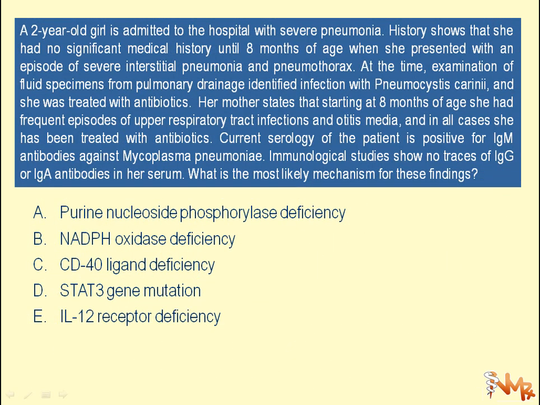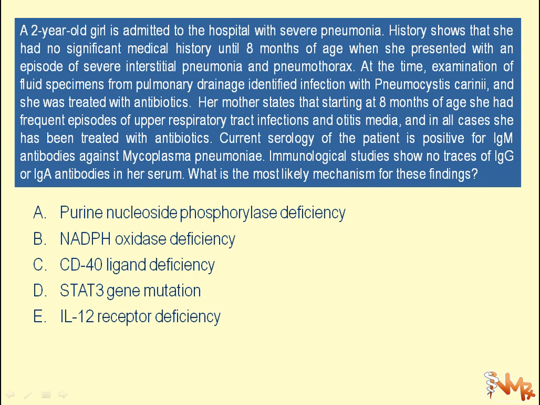Let's look at this case scenario. A 2-year-old girl is admitted to hospital with severe pneumonia. History shows that she had no significant medical history until 8 months of age, when she presented with an episode of severe interstitial pneumonia and pneumothorax.